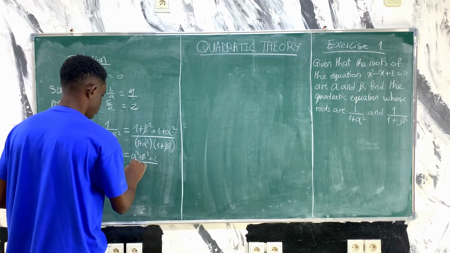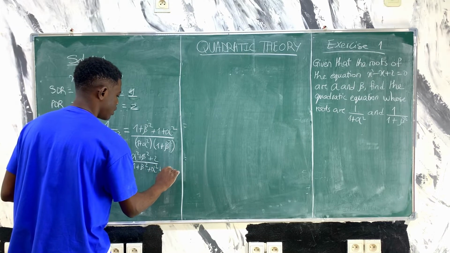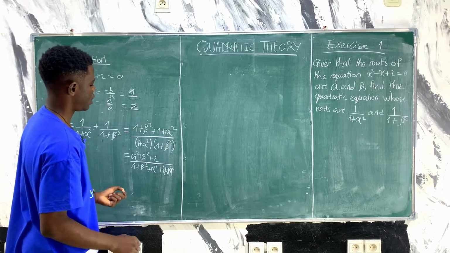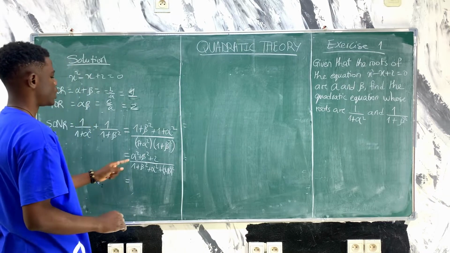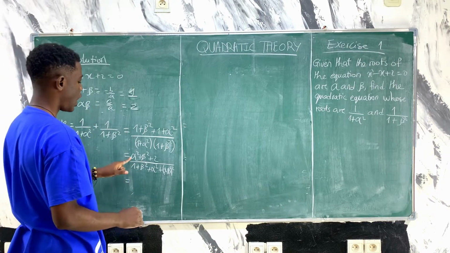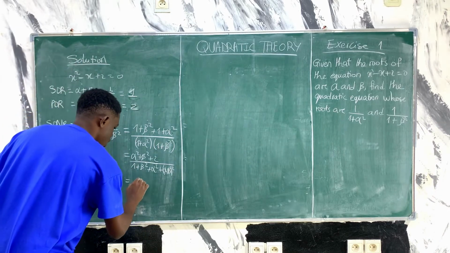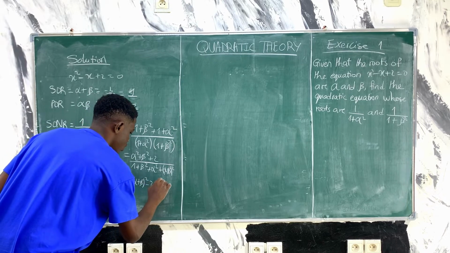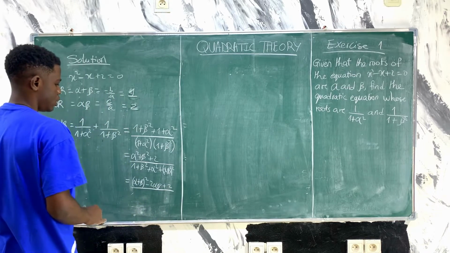I'm going to have 1 plus beta squared plus alpha squared plus alpha beta all squared. When you open this bracket, this is what you're going to have. What is alpha squared plus beta squared? Alpha squared plus beta squared is alpha plus beta all squared minus 2 alpha beta.